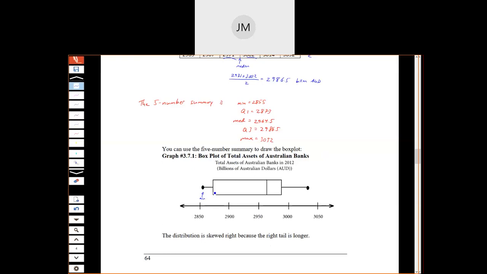Then we put a box around our middle 50% of the data. The first edge of the box is Q1, and the other edge of the box is Q3, where we put a bar in the middle at the median. Then we have a dot over here for the max. This is on a number line, so that gives you a sense of scale. Not everything is equally spaced apart. These 5 numbers are not an equal distance apart.